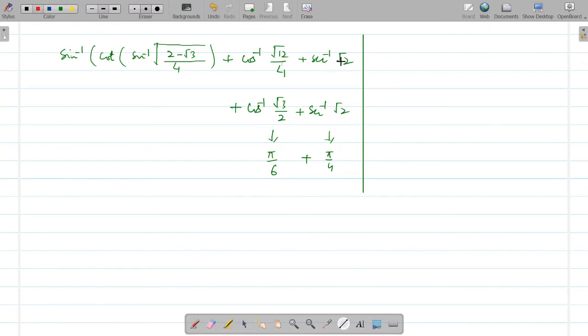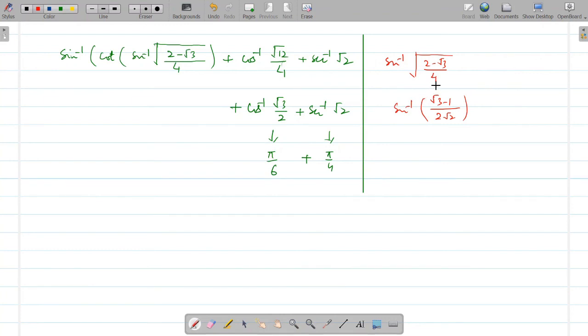Sine inverse of under root of 2 minus root 3 divided by 4. So this we can write as sine inverse of root 3 minus 1 divided by 2 root 2.